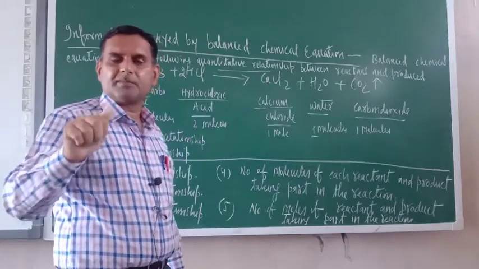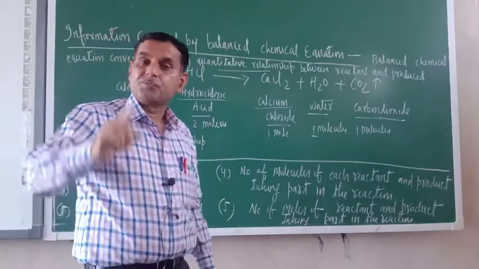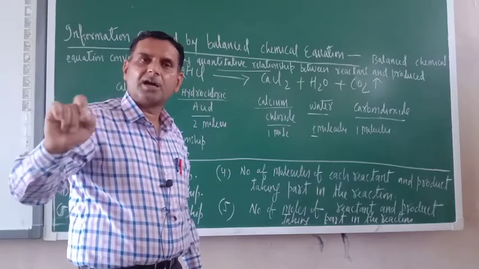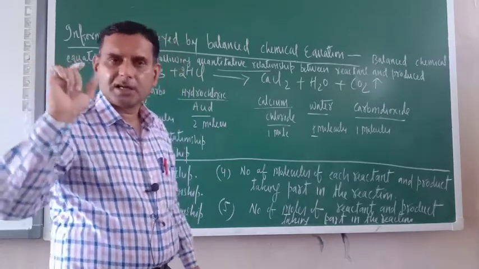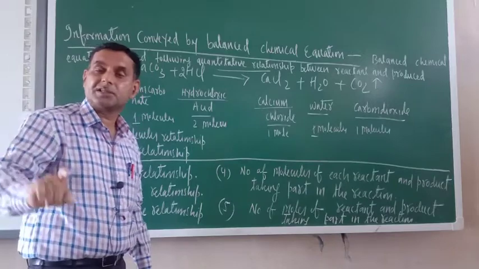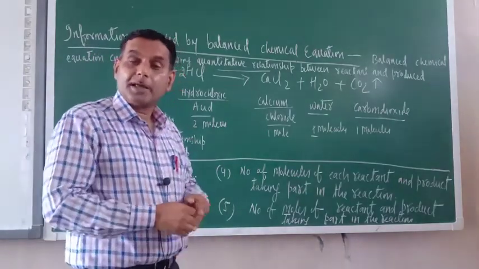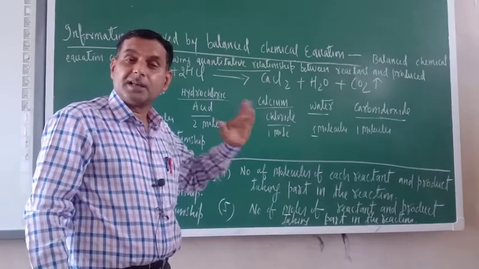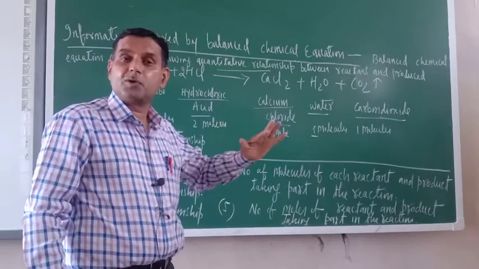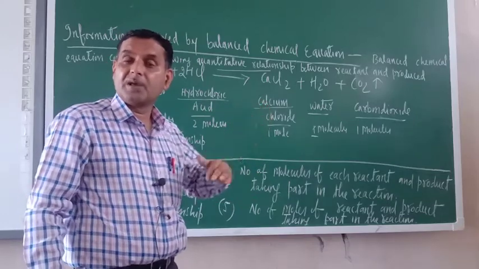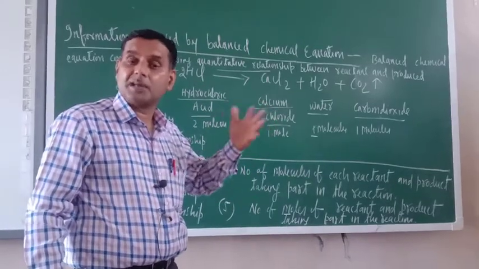I already told you why we balance the chemical equation. We balance the chemical equation because mass is neither created nor destroyed in any chemical reaction. If you balance, only then can you uphold this rule. If the reaction is not balanced, there would be a mismatch, meaning the mass of the reactants and products may not be equal.